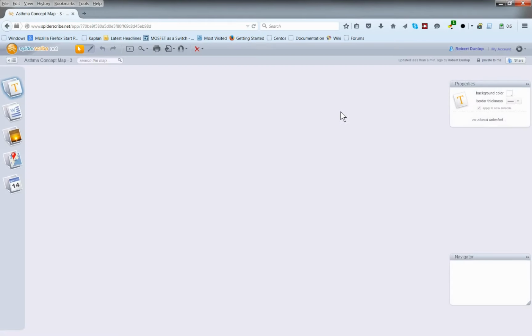There are some tools up here. There's a magnifying glass, which you can use to zoom in or zoom out if you have a map that's bigger than you want. You can print your maps, or you can also export them. Let's cancel that.